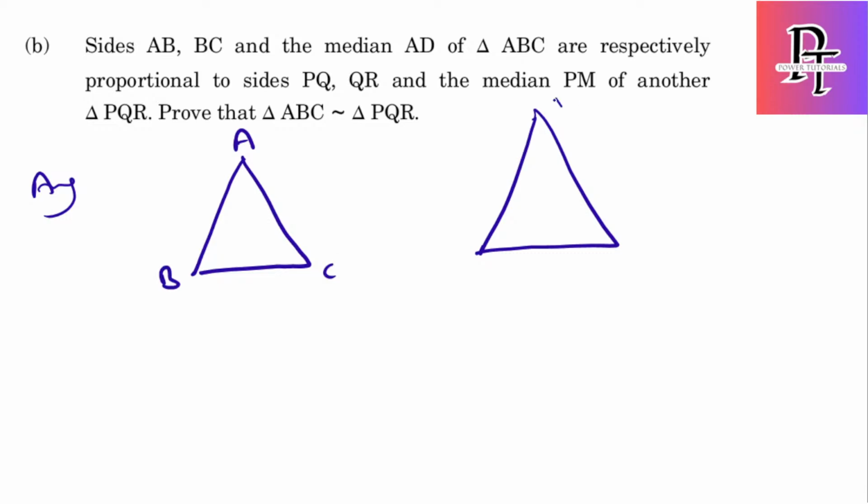The second triangle is PQR. They have mentioned AD is the median. Median means D divides the base into two equal halves. In the same way we have PM as the median. What they are saying is that AB, BC and the median are proportional.